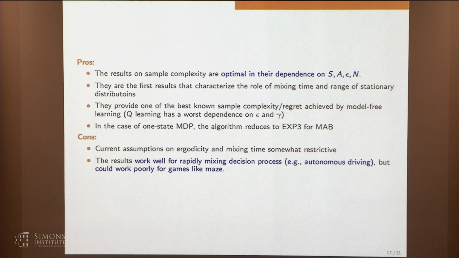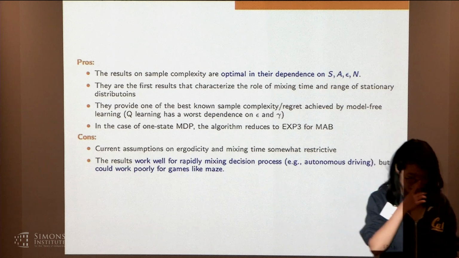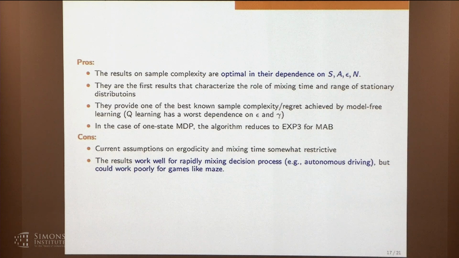And also, we can characterize how the mixing time, how slow the process is, and also the range of the decision process, play a role in the complexity of learning the optimal policy. And definitely what is to be improved or better understood is whether the assumption on mixing time is too restrictive or not. It's not clear where the lower bound lies.